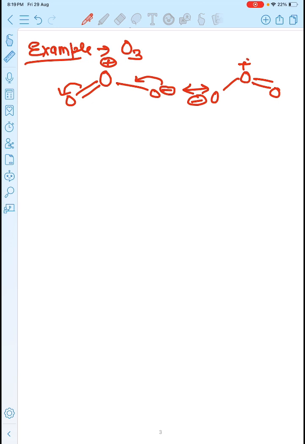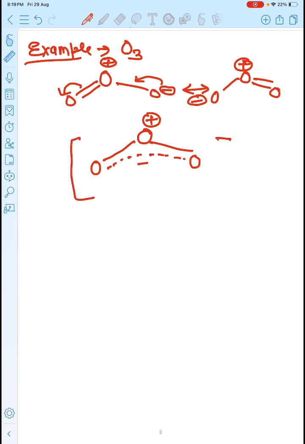How will your resonance hybrid form look? Your resonance hybrid will be where we show the delocalization, then it is called your resonance hybrid.